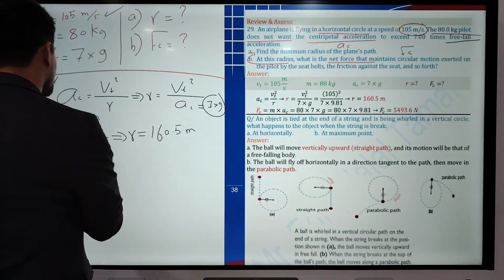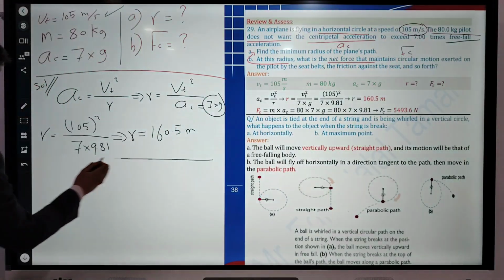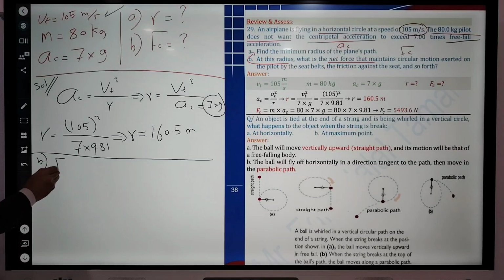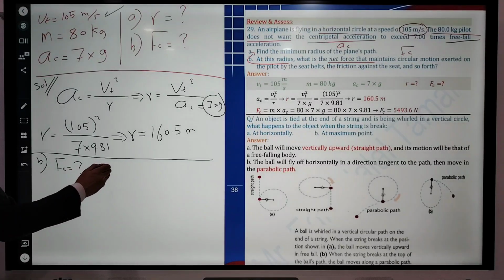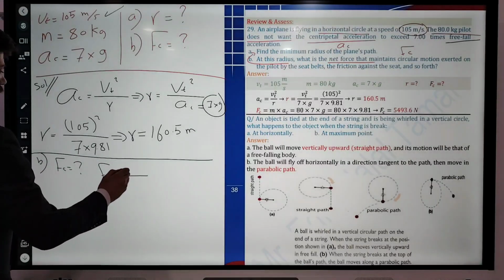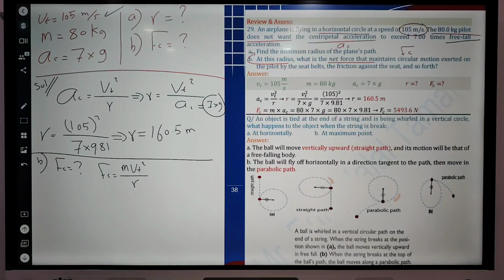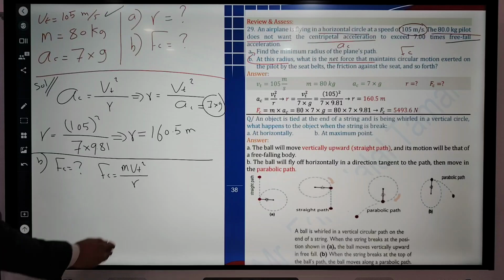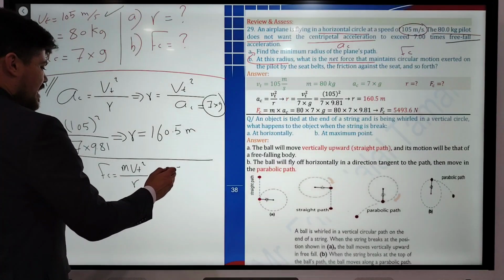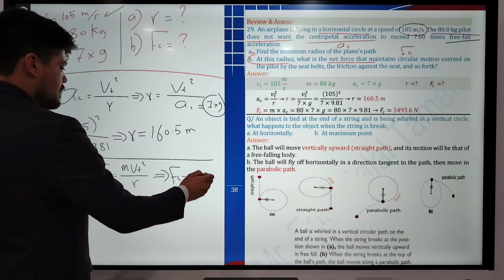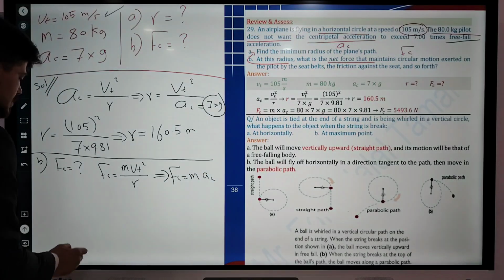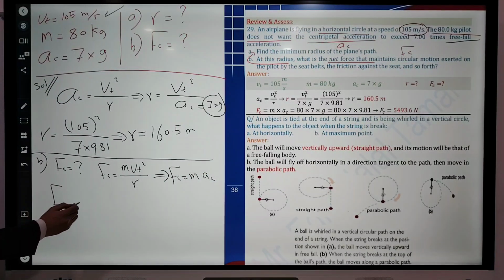The second unknown, B, Fc. Fc is equal to m Vt squared over R, and you can say Fc is equal to m times AC. It's too easy. Do we have mass?